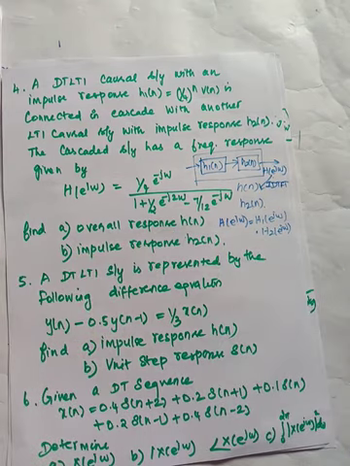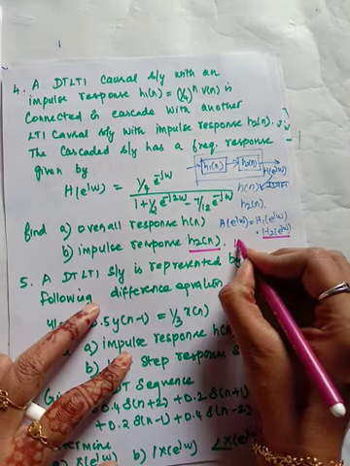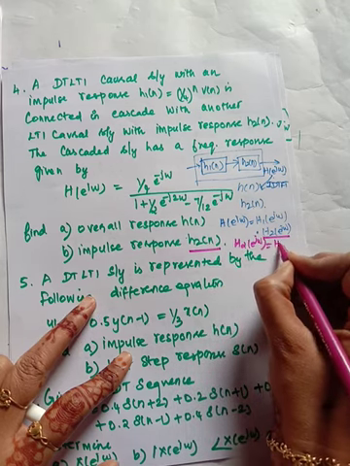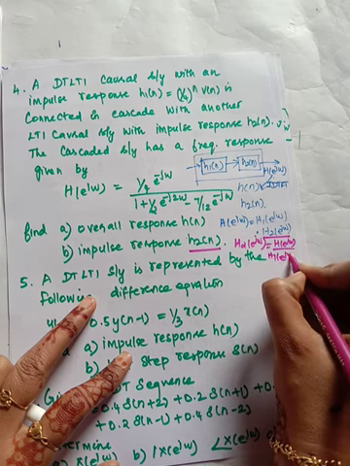Here, if we want to find this, you need to find h2 of n, so you need to know H2 of e^(j omega). H2 of e^(j omega) can be written as H of e^(j omega) divided by H1 of e^(j omega).